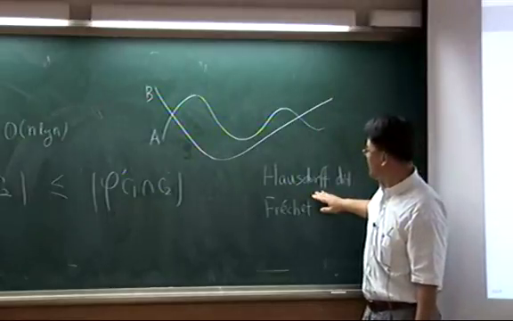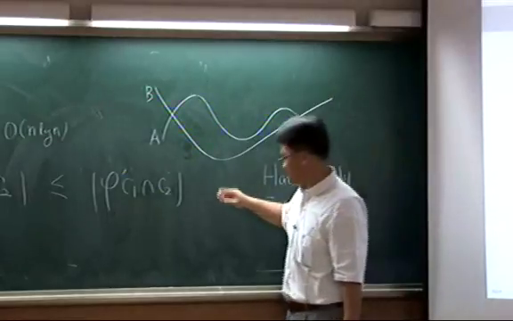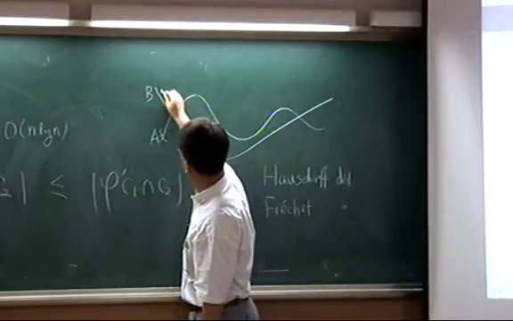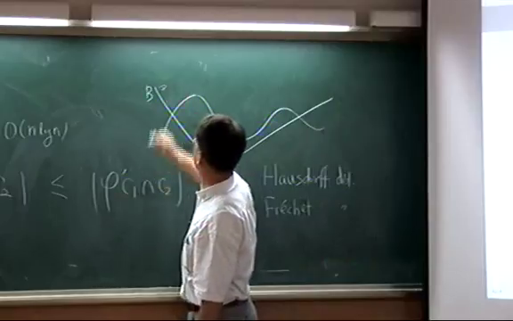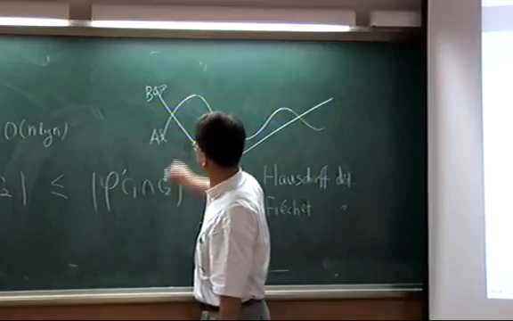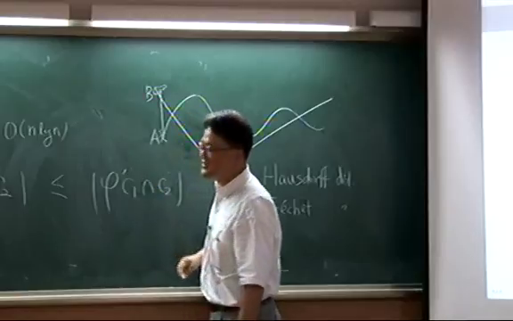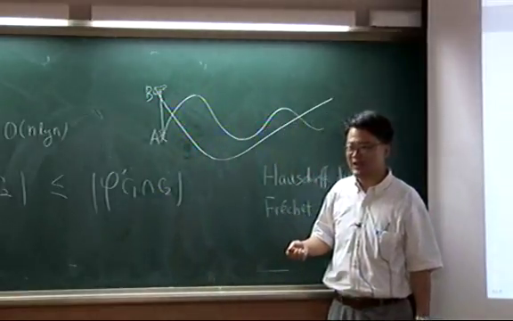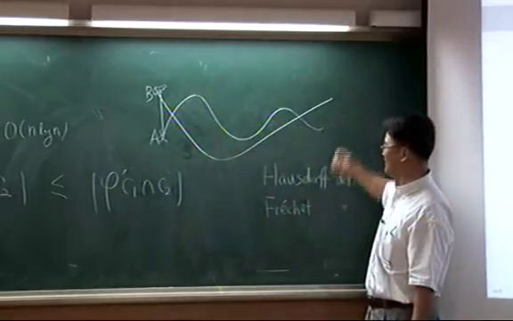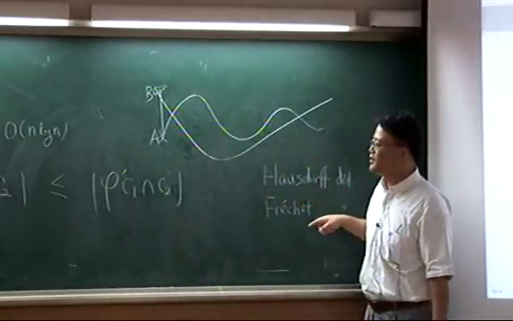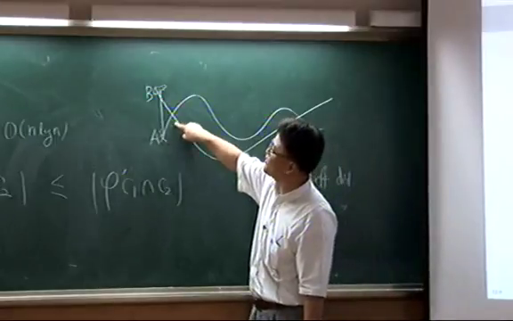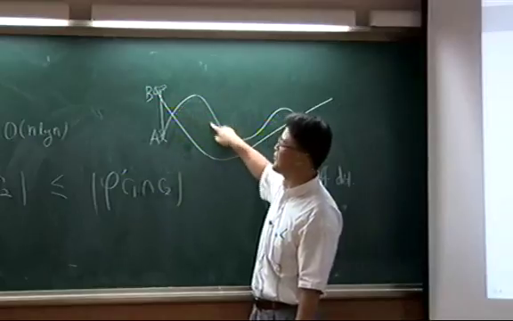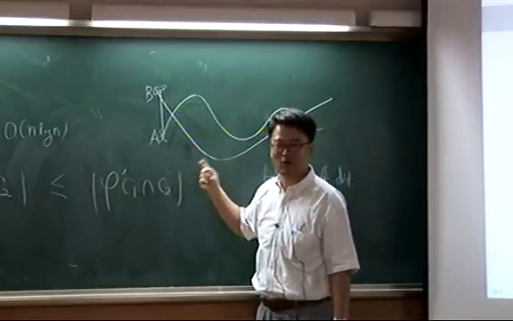What Hausdorff distance means is that, because you are standing here and the dog is there, I don't know how to draw a dog here, but you need to connect the dog with you using a leash. You walk the dog along the path, but in the Hausdorff distance, you are allowed to move forward and backward. It doesn't matter. You go, move back, and go, which is the typical way of dog walking.